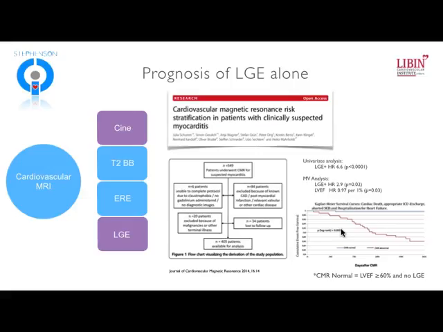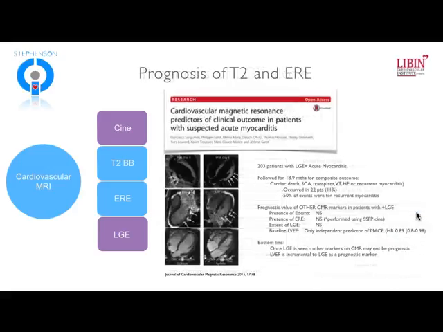And so this essentially is a study of whether or not a normal CMR is of prognostic value. If you have an ejection fraction over 60 and no late gadolinium enhancement, they called it a normal CMR, and using that binary dichotomous categorization, you can see a dramatic difference in event-free survival over time. In fact, if you have no late gadolinium enhancement and an ejection fraction greater than 60 with suspected myocarditis, you essentially had no events.